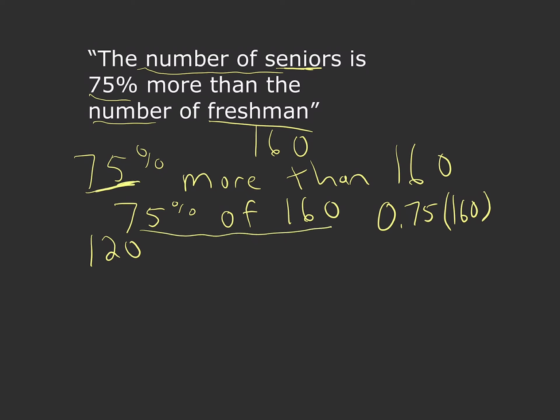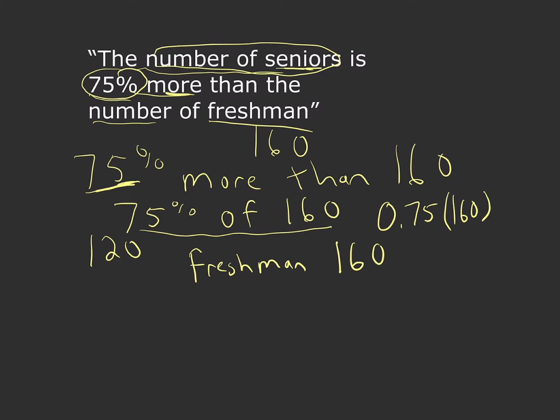The number of seniors is 75% more than the number of freshmen, which is 160 plus 75% more than the 160, which was my 120. So I'm adding those, and you get 280.